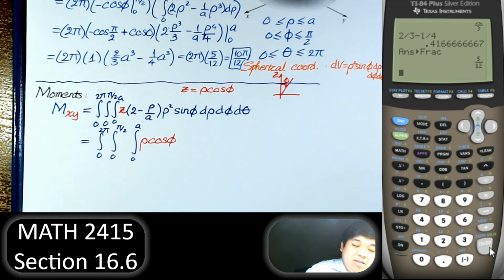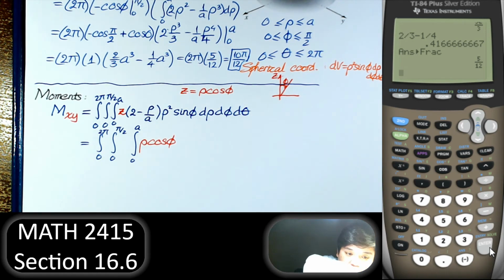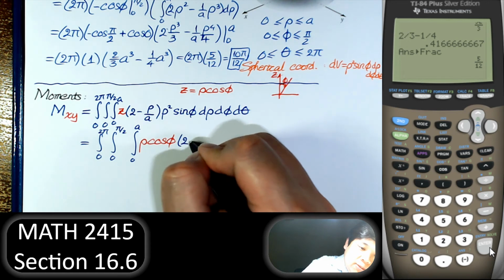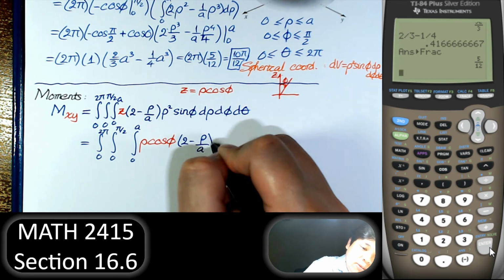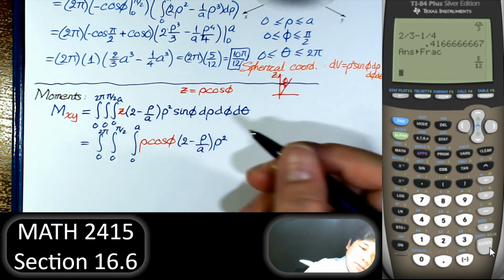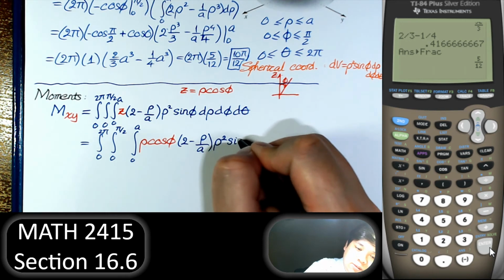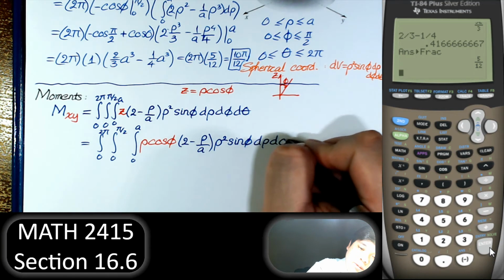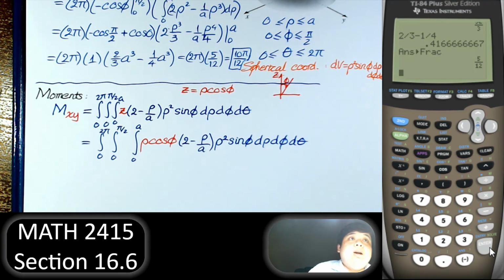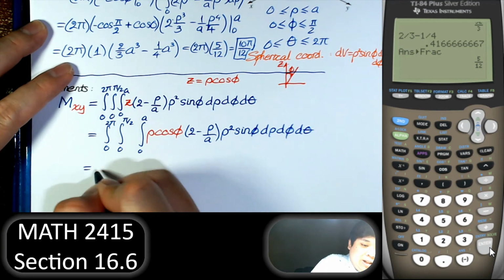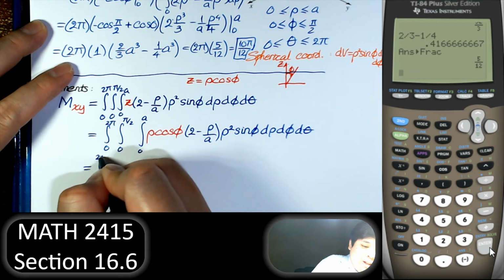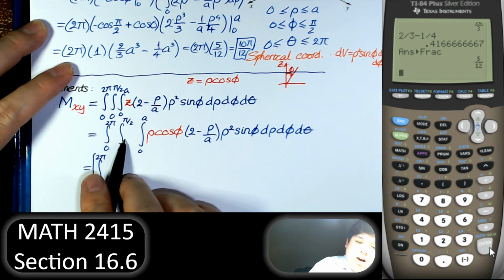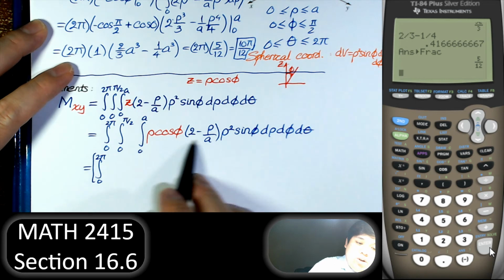Actually, we might do all of them. Right. By Fubini's theorem, because constant limit, there's no theta here.